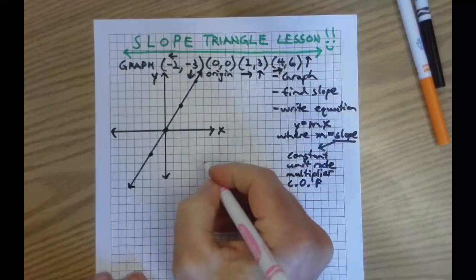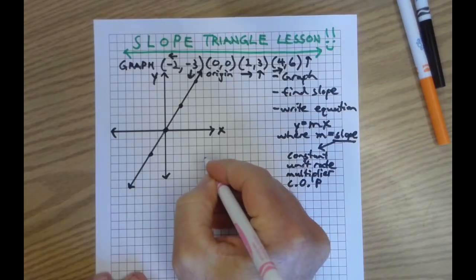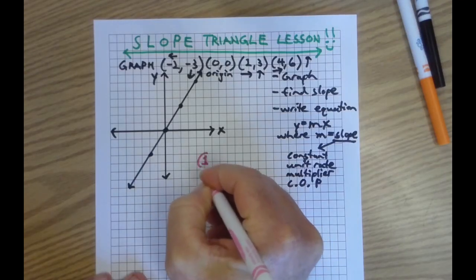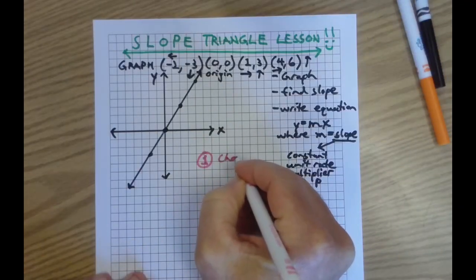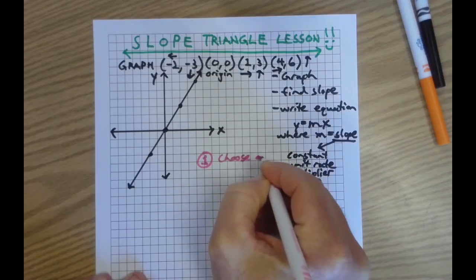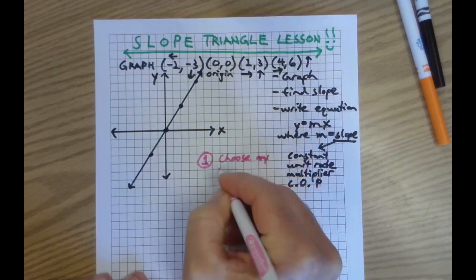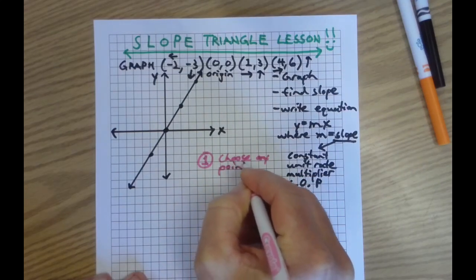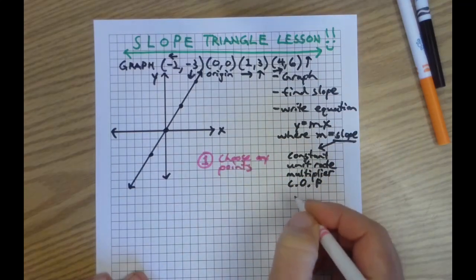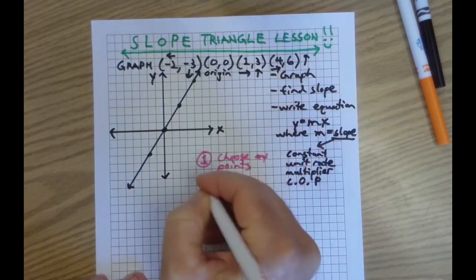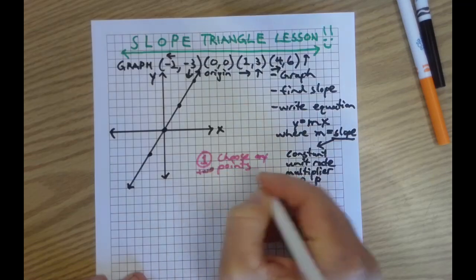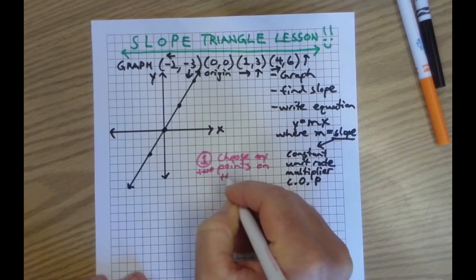Okay, here are our instructions for, I'm going to make it as easy as 1, 2, 3. Choose any 2 points on the line. Any 2. It doesn't matter. That's kind of crazy in math. Choose any 2 points on the line.